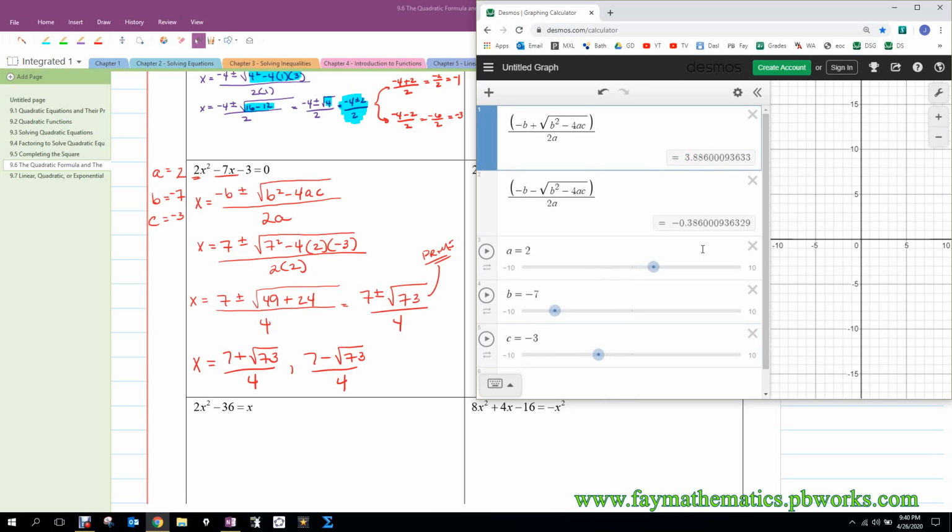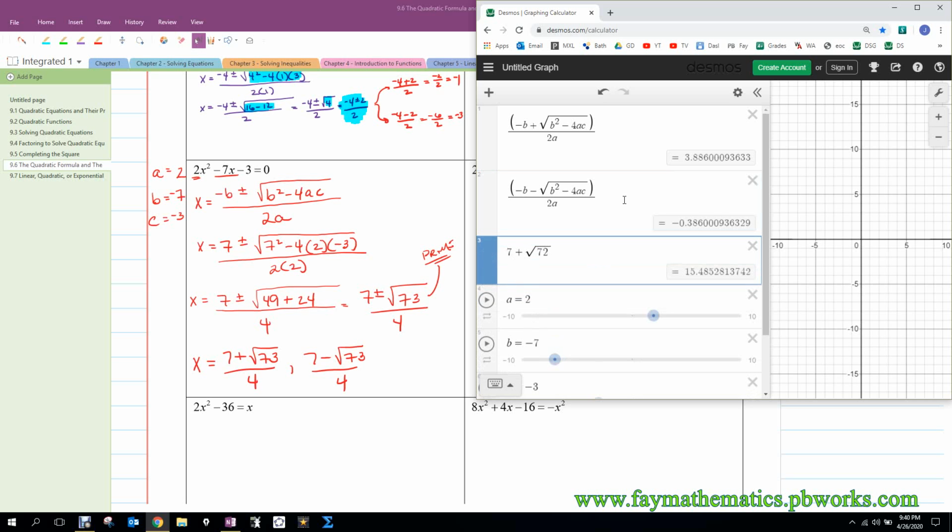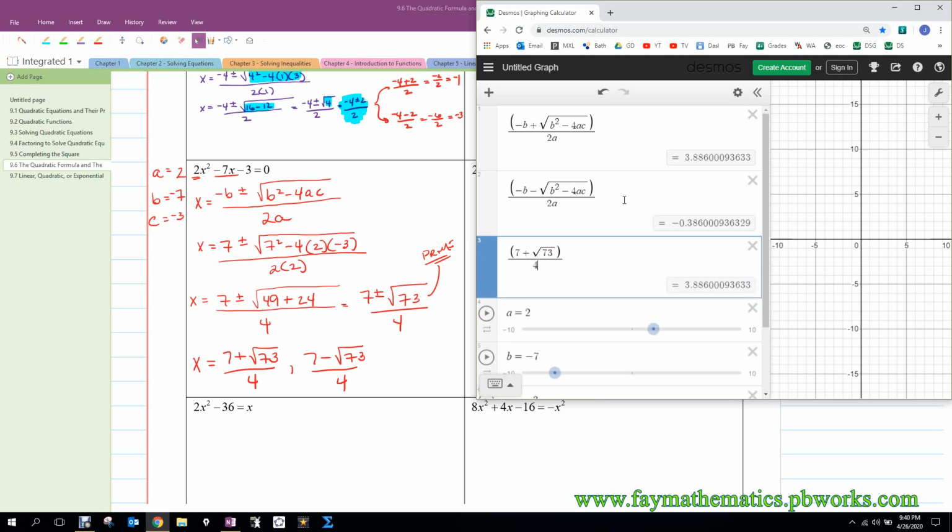So that value there, let's go 7 plus square root of 73, that whole thing over 4. You see that one there is the 7 plus root 73. Okay, this negative 0.381 is that one.